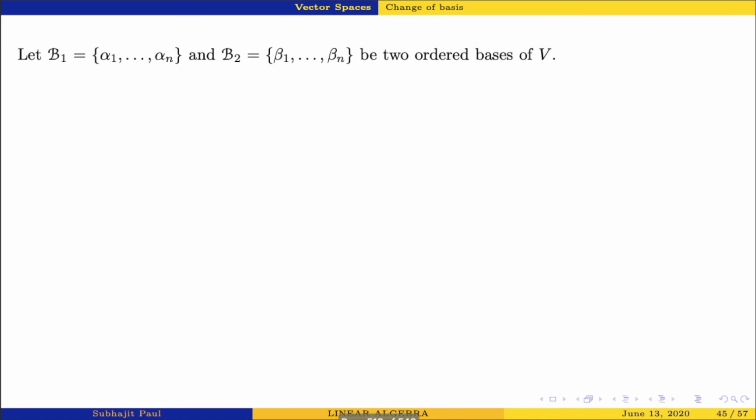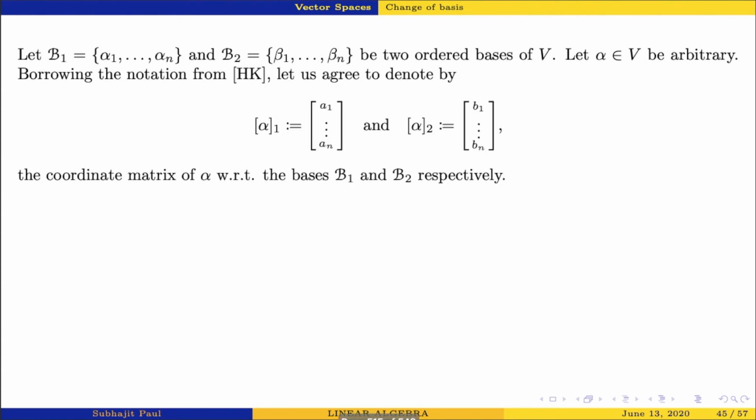So let B1 = {alpha 1 to alpha n} and B2 = {beta 1 to beta n} be two ordered bases of V. Let alpha be any arbitrary vector from V. Borrowing the notation from Hoffman-Kunze, let us agree to denote by [alpha] with suffix B1 the coordinate matrix of alpha with respect to the basis B1, a1 to an, and the coordinates of alpha with respect to the second basis B2 as b1 to bn.